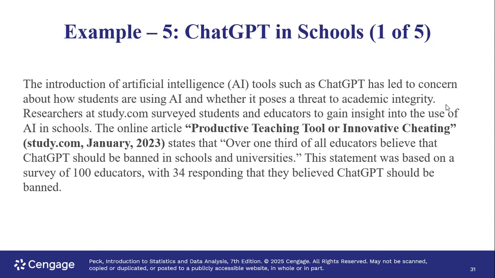The online article, Productive Teaching Tool or Innovative Cheating, states that over one-third of all educators believe ChatGPT should be banned in schools and universities. Over one-third means greater than 33%. This statement was based on a survey of 100 educators, with 34 responding that they believe ChatGPT should be banned.